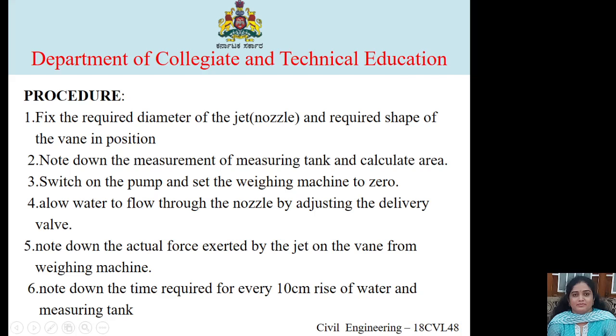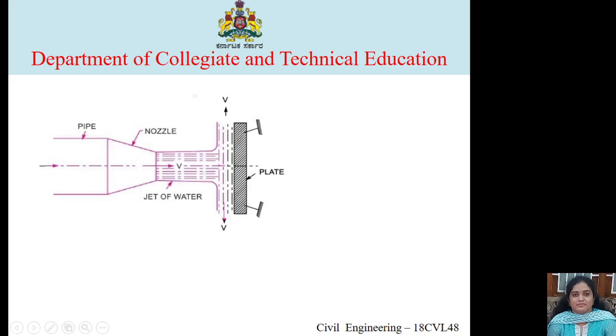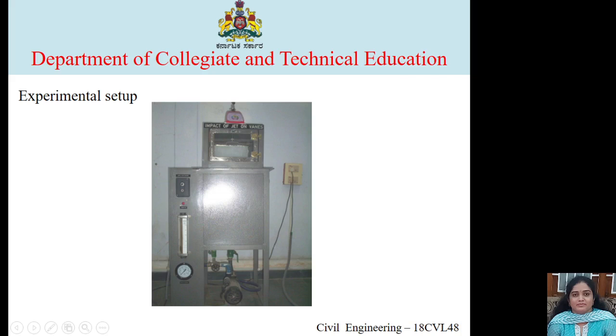So here what happens, first you will fix the required diameter of the nozzle or jet and required shape of the vane in position. Here required shape means this machine is used for different types. The shape of the vane or plate may be flat, hemispherical, curved or inclined.